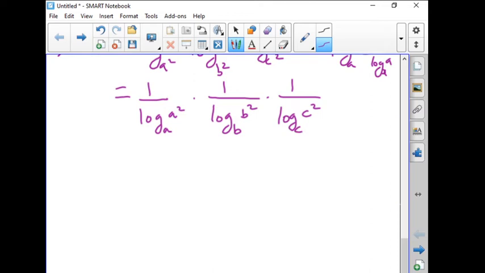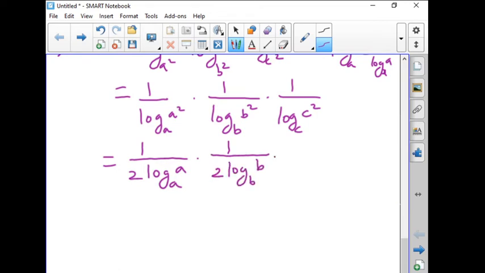Now using power rule, the denominator can be written as 2 log a to the base a into 1 by 2 log b to the base b into 1 by 2 log c to the base c.